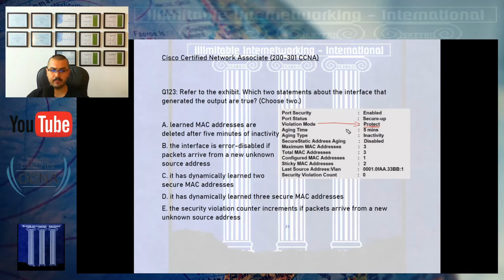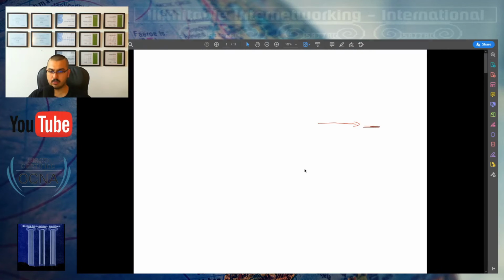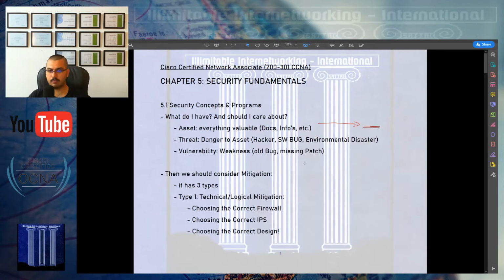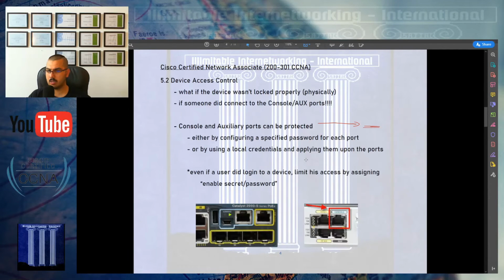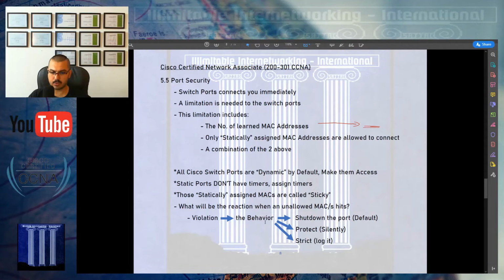Now it's protect. So we have protect and restrict. Just one minute, to avoid causing you any confusion, let's go to the port security shutdown behavior. There is protect and restrict.